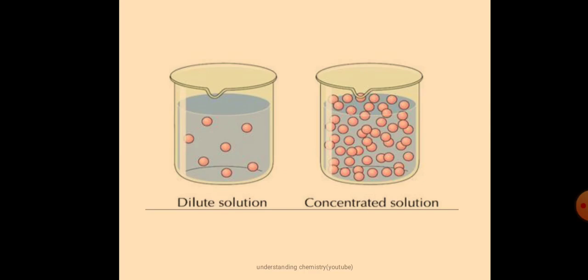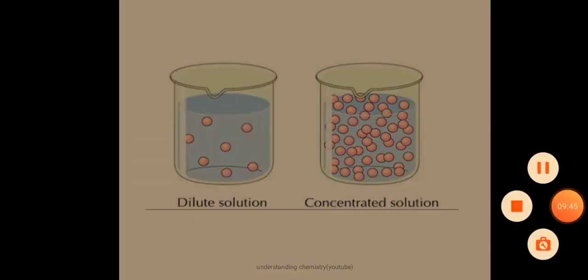In the picture here there are 2 beakers of the same size with the same amount of solvent, in blue. The ball-like structures are the solute. In the dilute solution the solute is less, whereas in the concentrated solution the solute is more. This gives us a clear understanding of dilute and concentrated solutions.